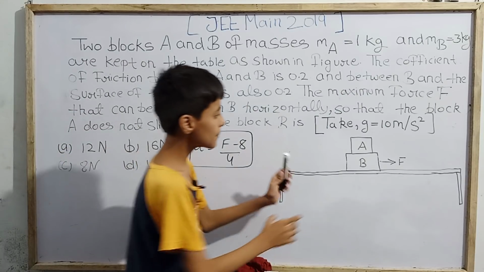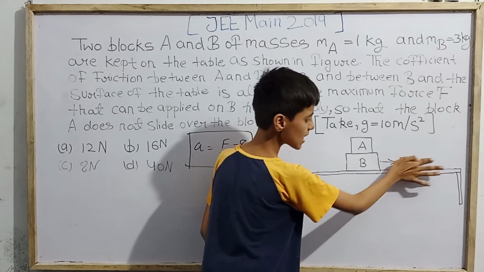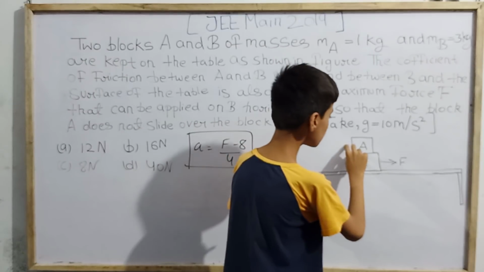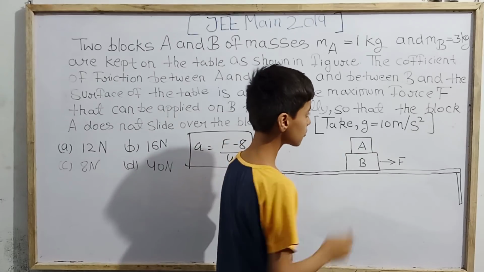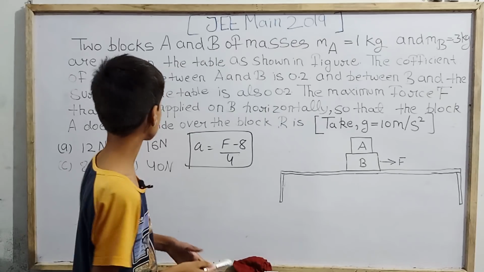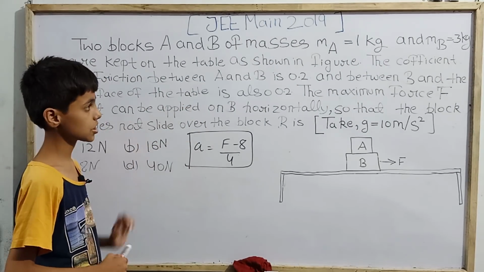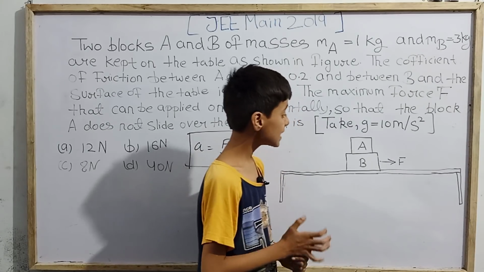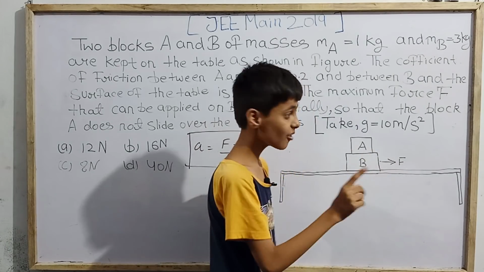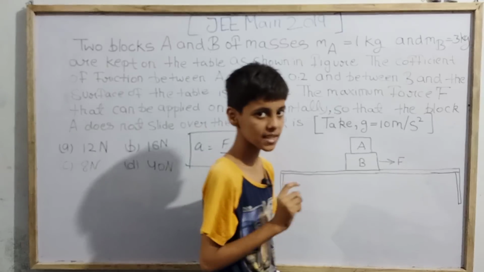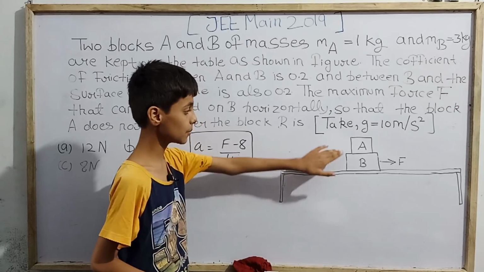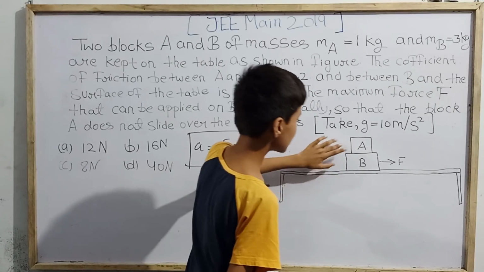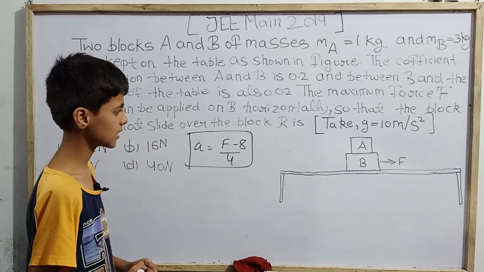Imagine that when this external force F acts in this direction, block A, which as given in the question does not slip from block B, will still move a little from its position. Wherever it moves, a frictional force will act here.